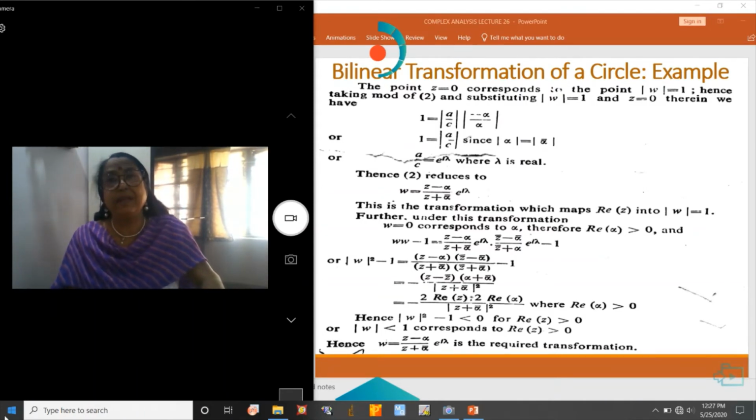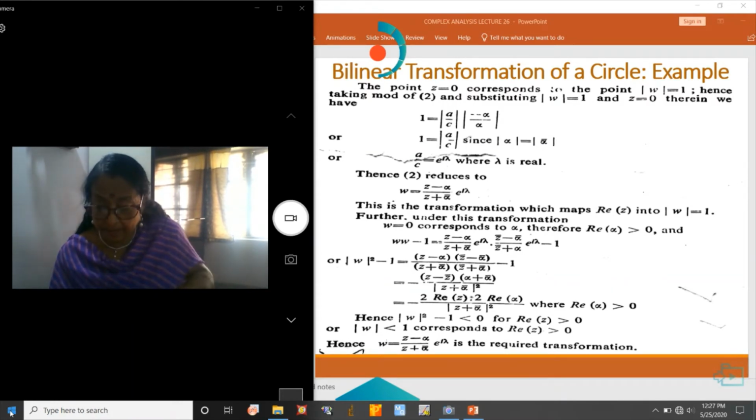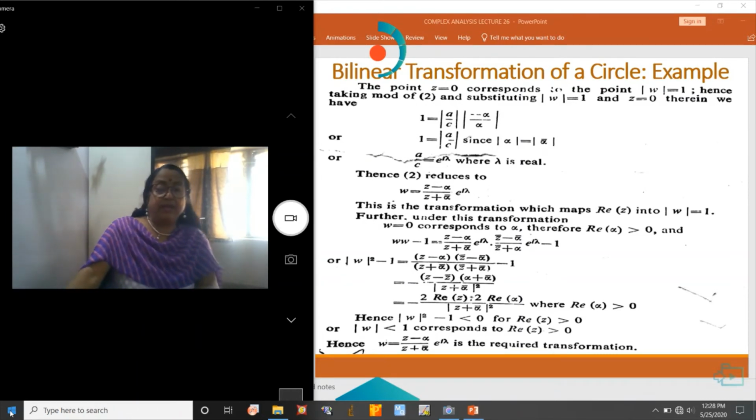Hence, w is equal to (z minus alpha) divided by (z plus alpha bar) into e to the power i lambda is the required transformation.